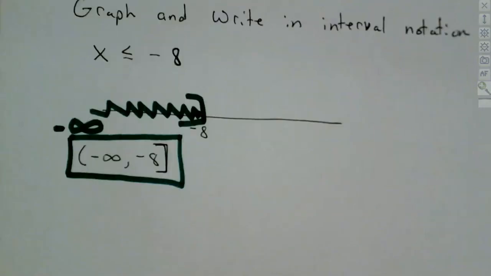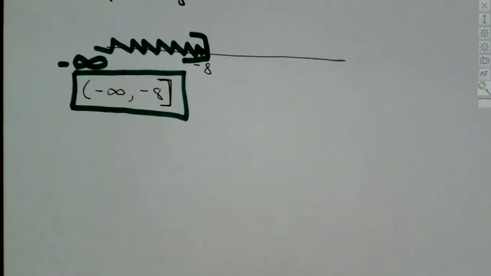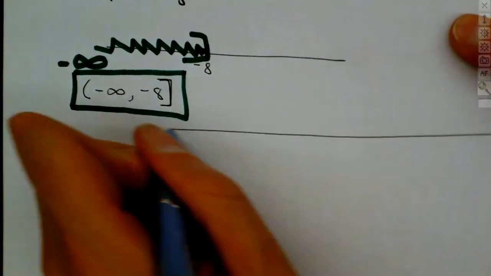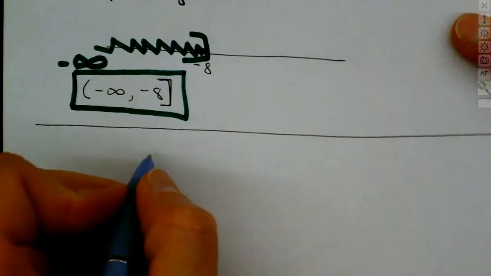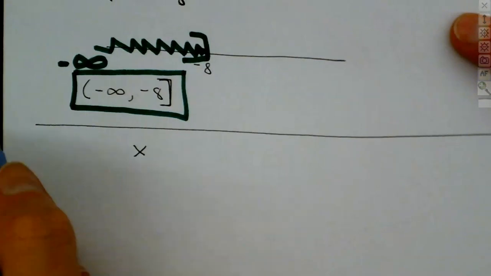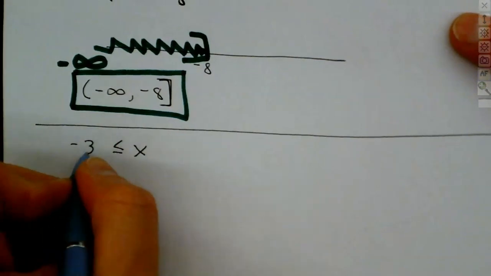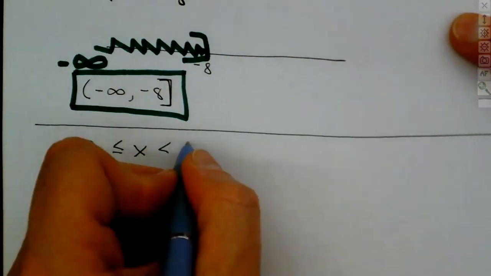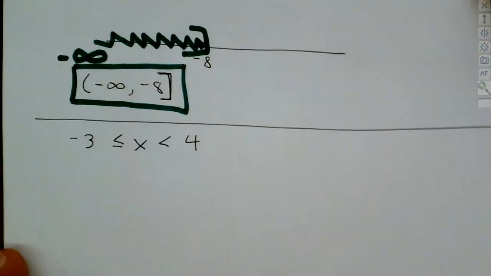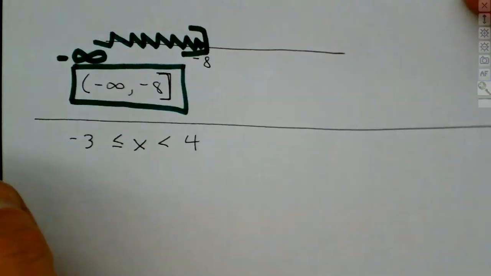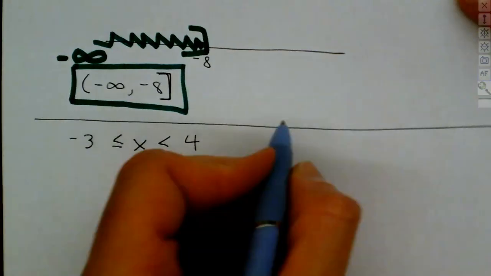Let's do another one. How about X is between a -3 and a +4? Same directions. Graph it and write it in interval notation.